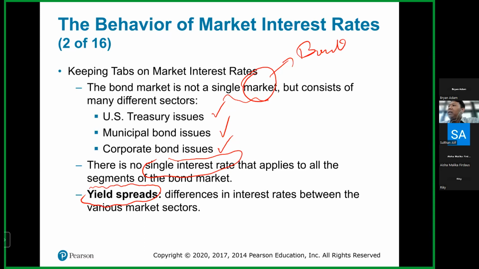The yield spread is the difference in interest rate between the various market sectors. Instead of using a single interest rate for all bond evaluations, we will use the yield spread, the difference of interest rates between various market sectors.